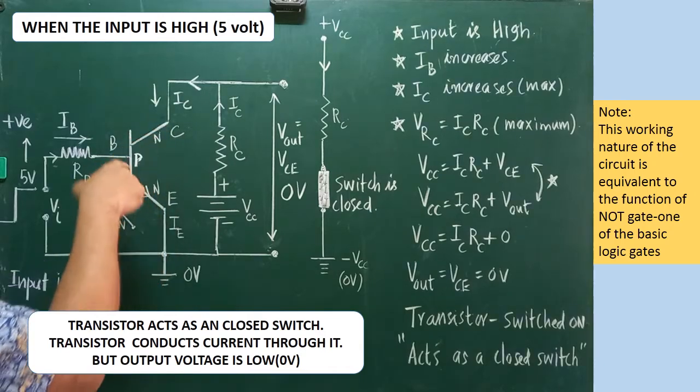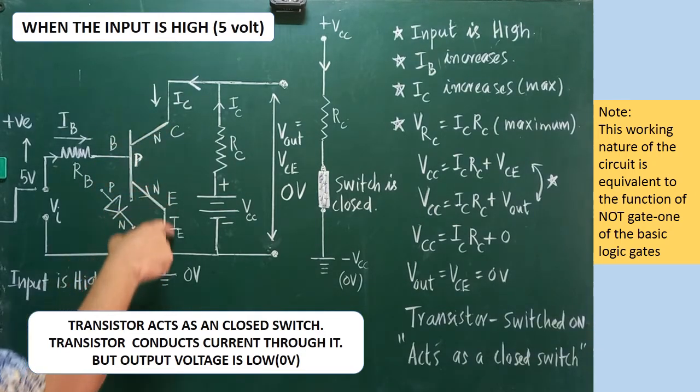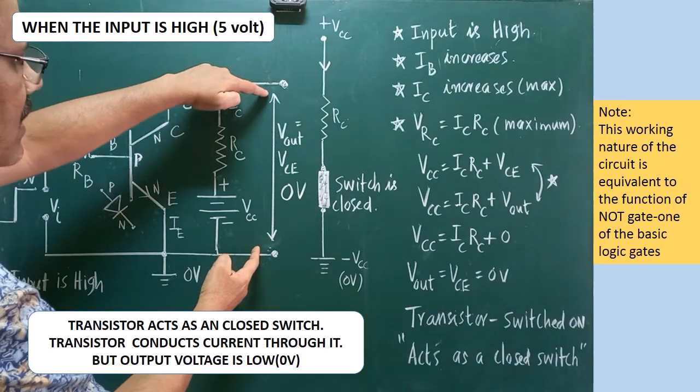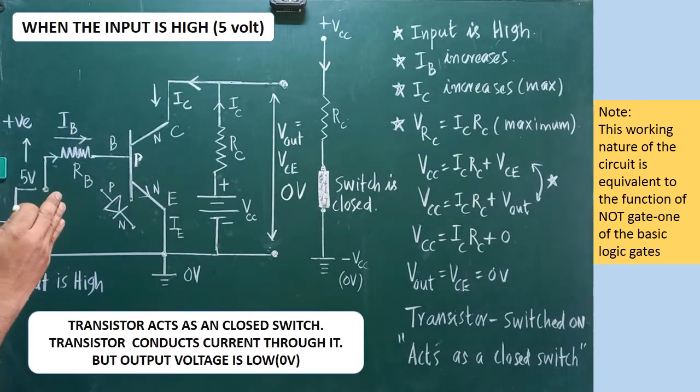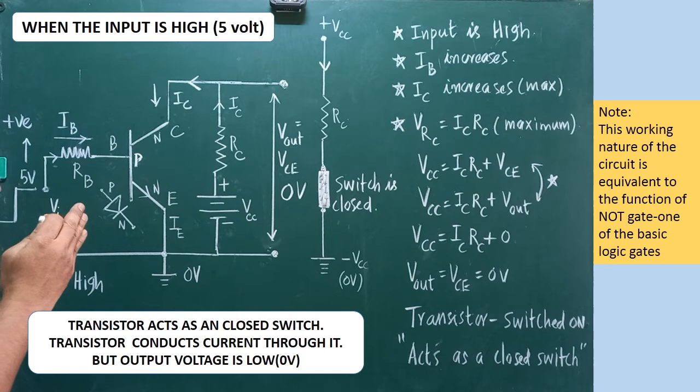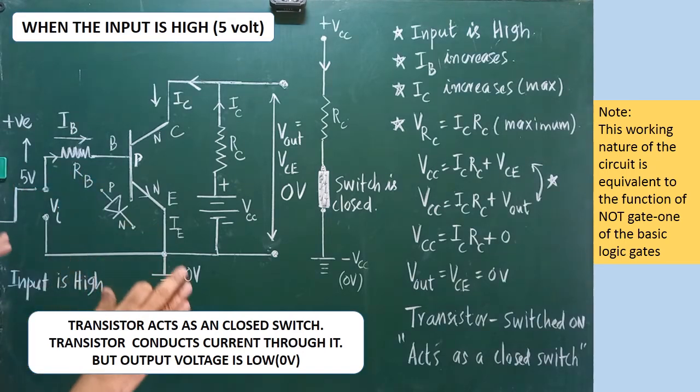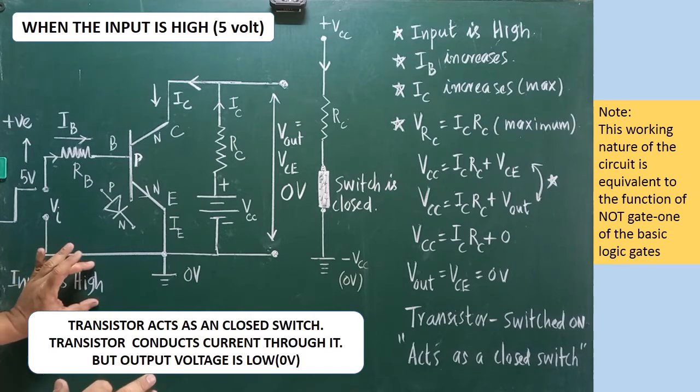Like this, through the transistor current is conducted, current is passing. Since the transistor conducts current, there won't be any output voltage here. Are you clear? Now the transistor should be taken as in the on state, acting as a closed switch. So this is the function of the transistor when the input is given as high voltage.